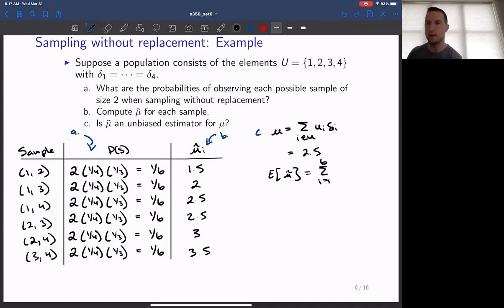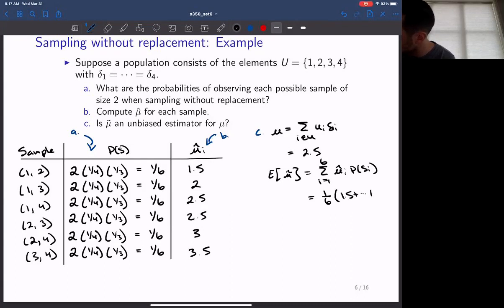In this case, 6 again represents the number of samples that we have observed of each mu I hat multiplied by the corresponding probability of observing that estimate. This is going to give us 1 over 6 multiplied by 1.5 all the way up to 3.5, which is equal to 2.5. Therefore, mu tilde is unbiased for mu.